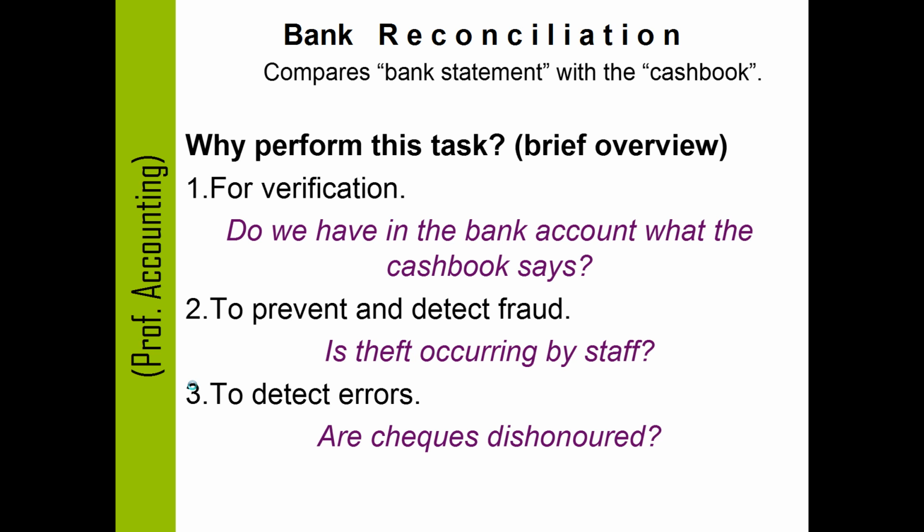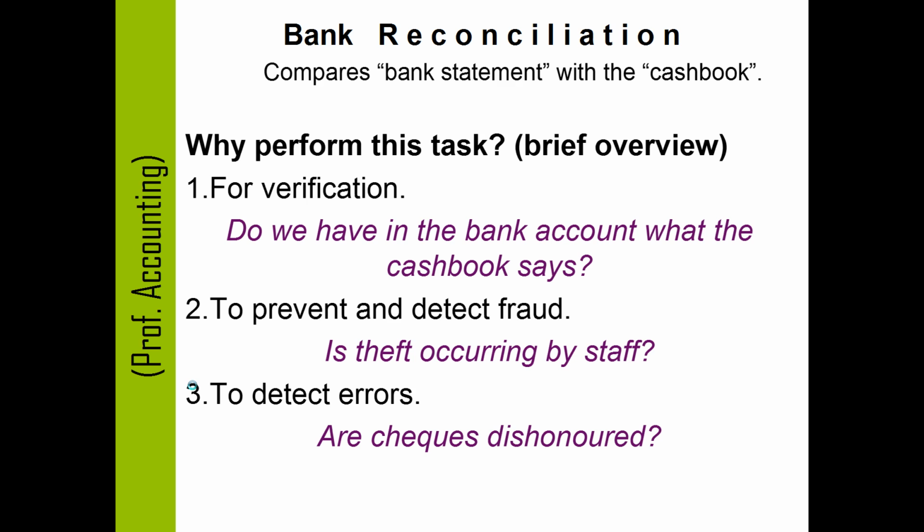Likewise, debtors might pay us money by cheque, and they may not have sufficient money, or there could be other reasons why checks bounce. Dates on checks might be an issue, the cheque might not have been signed correctly, and so on. So if any checks are being dishonoured, it's going to affect the balances between the cash book and the bank statement. Lastly, are payments and receipts missing?